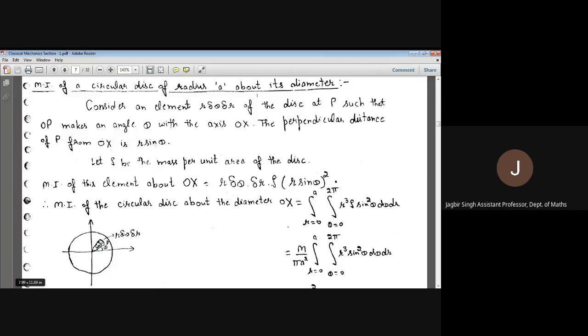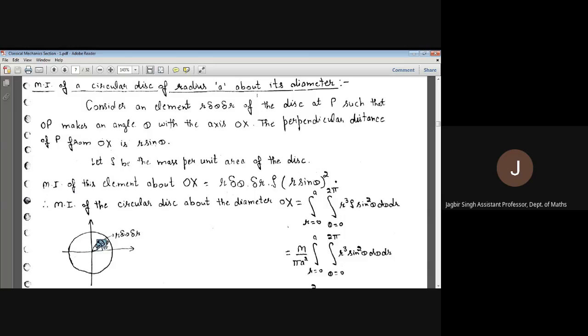If that particle creates an angle delta theta, then the area of the strip will be r delta theta into delta r, because if we are talking about this portion that I have selected, the radius is r and delta theta is the angle it creates.